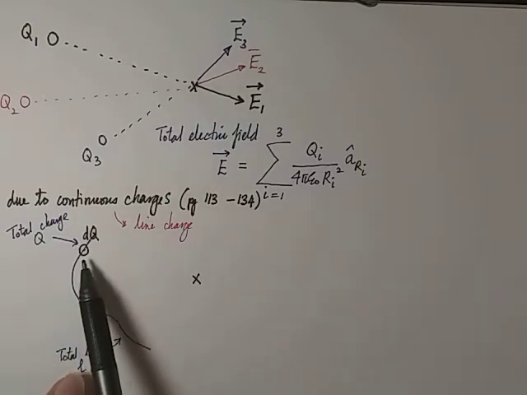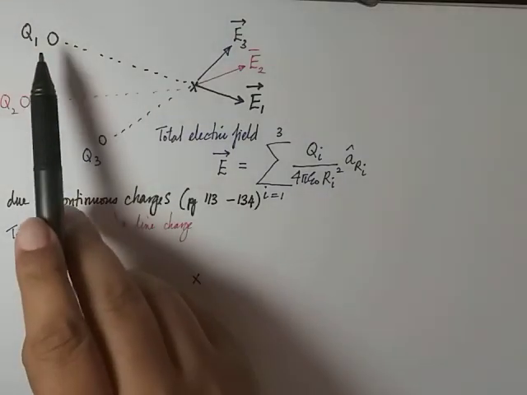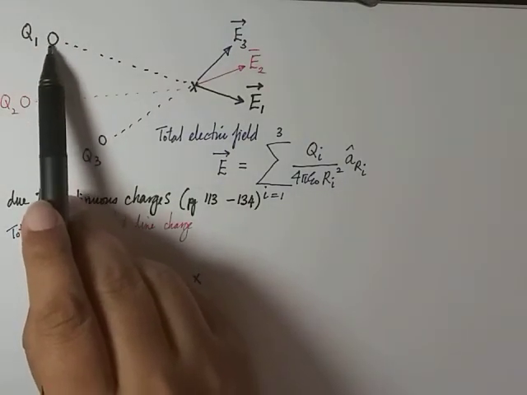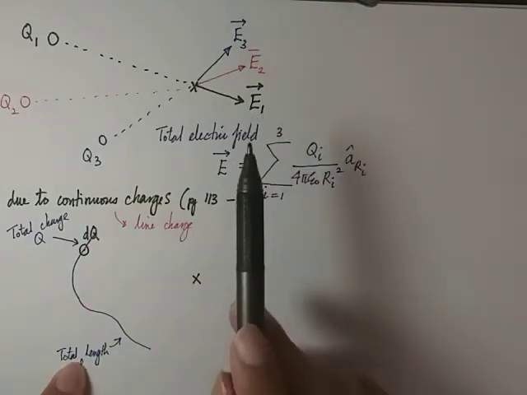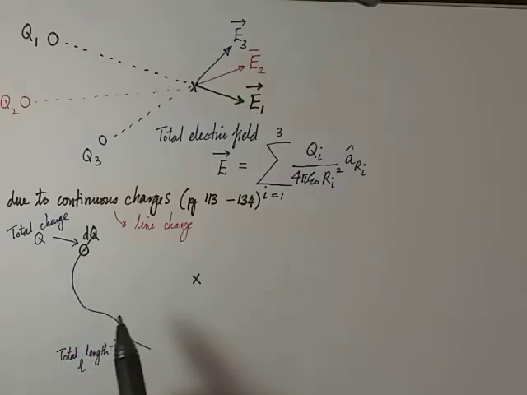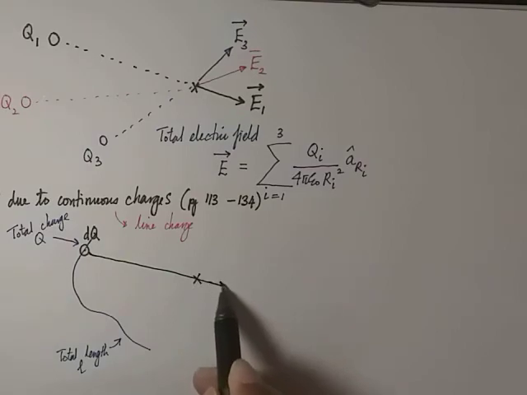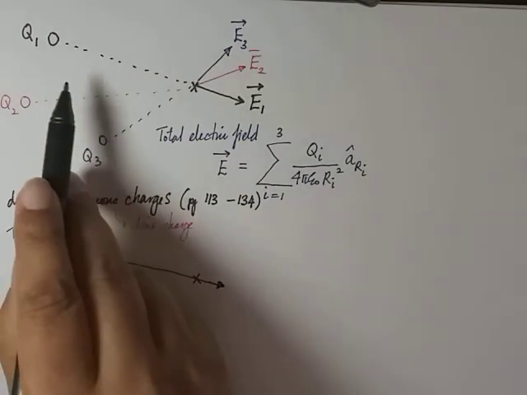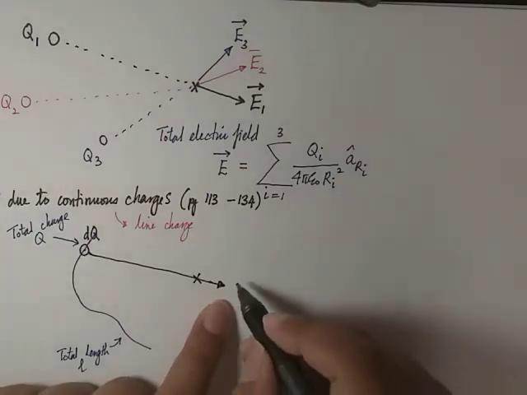So now it's a point charge with magnitude dq. Since we have a point charge up here, it is going to produce electric field, which we call E. Therefore, the same logic can be applied here. This particular point charge, which now has magnitude dq, is also going to produce another field, copying what we observe up here. But the only difference is that it is not E, it must be dE.